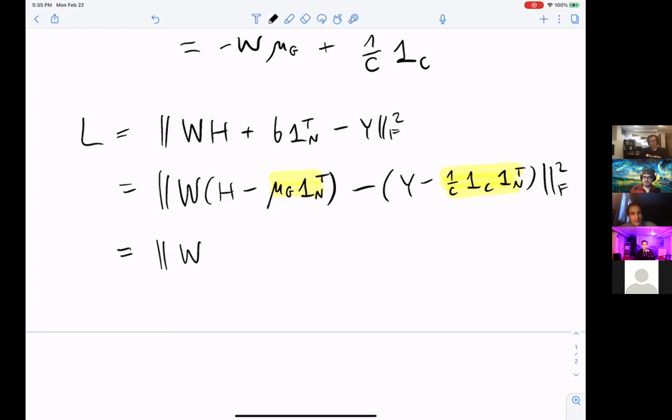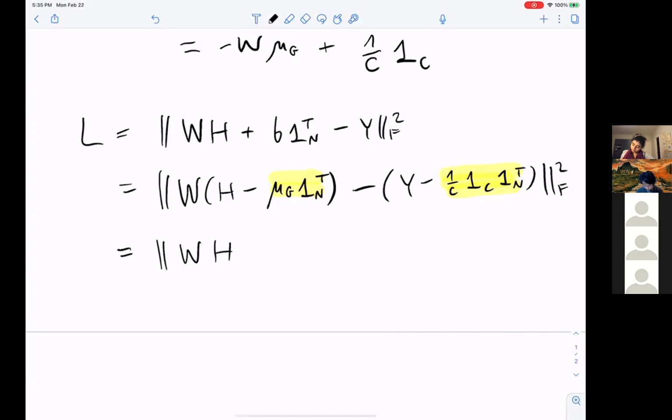In simple words, in human words. Yes, it is deviation from the mean. So basically, in human words, I would describe it as features centered by the global mean, right? It's just centering. So I'm going to call the features after centering by the global mean H bar. Bar means globally centered.